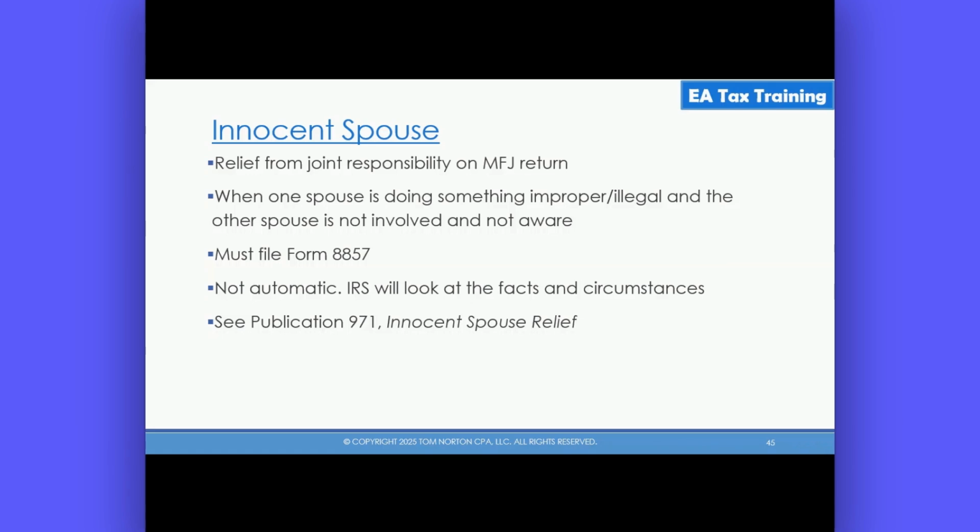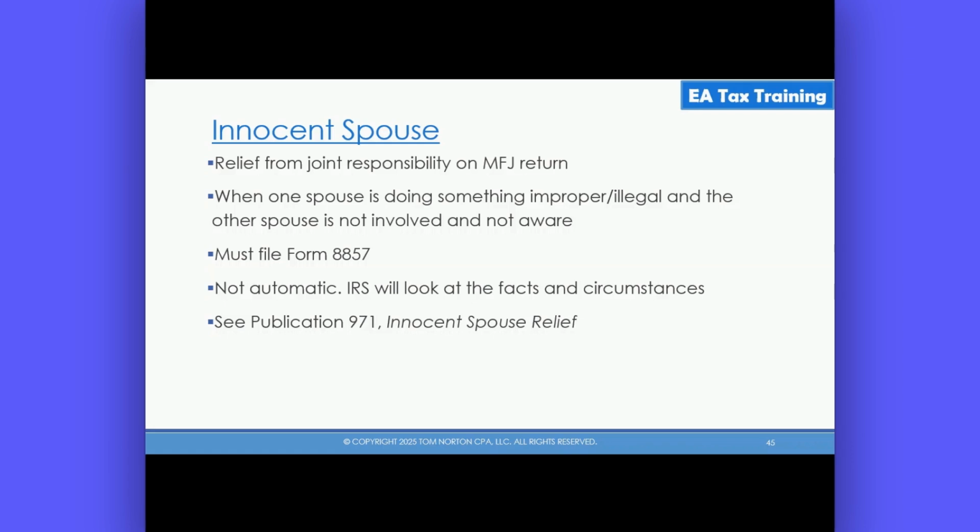Let's say you have a husband and wife, and most of these tax cases that you read are older cases, so it's usually the wife that is filing for innocent spouse relief. Of course, it does not have to be that way at all, but in these cases, that's the way it typically is. So, for our example, we're going to use the wife here. The husband owns a business, runs the business.